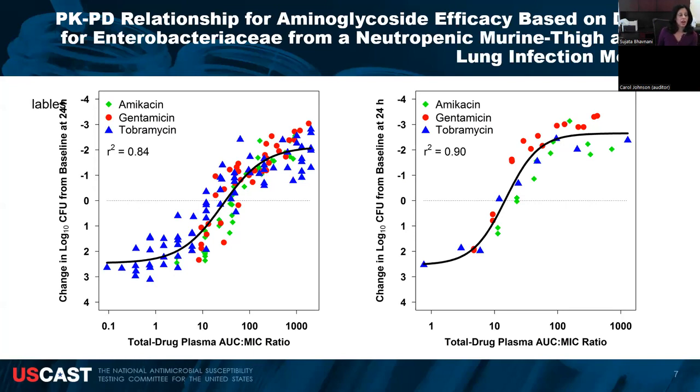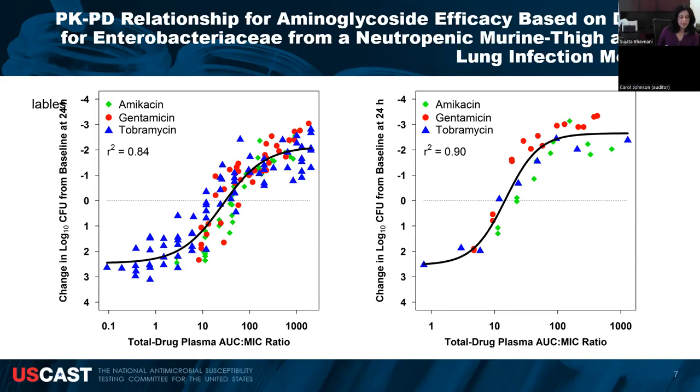On the left, you can see data for the murine thigh infection model, and on the right, data for the lung infection model. The data for amikacin, gent, and tobra were all pooled, and you can see that AUC to MIC ratio did a good job predicting efficacy with high R-squared values.